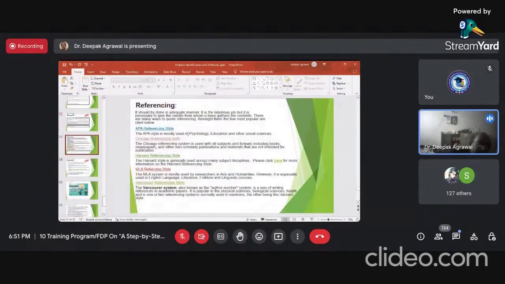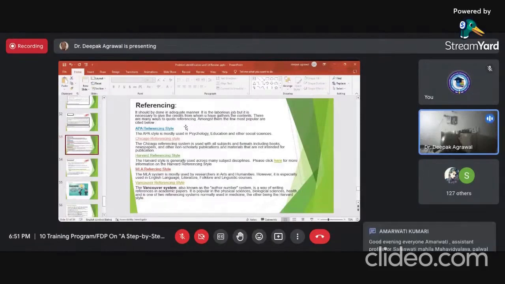Moving to referencing, these are the sources from where the information is collected, to be referred to in the specific style. It should be clearly mentioned. Secondly, you need to follow the journal style which is already defined in the publisher's guidelines.